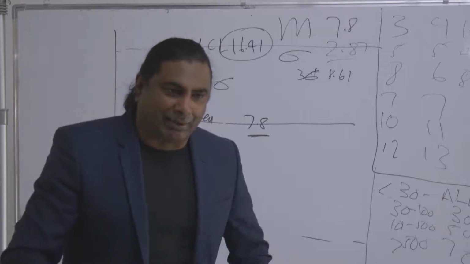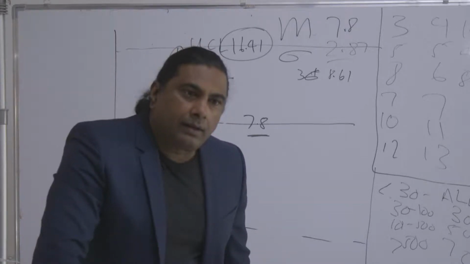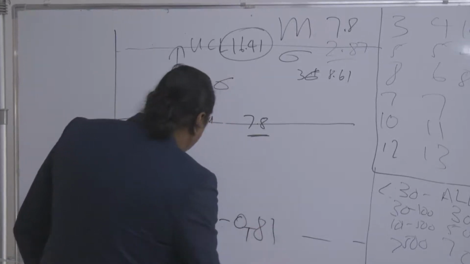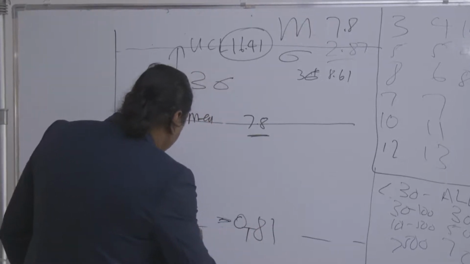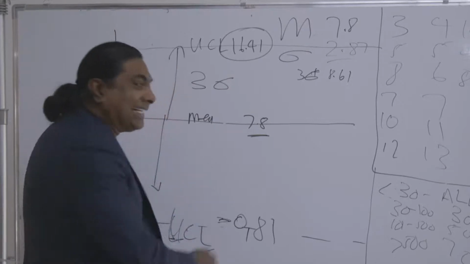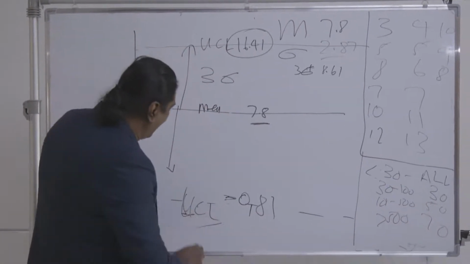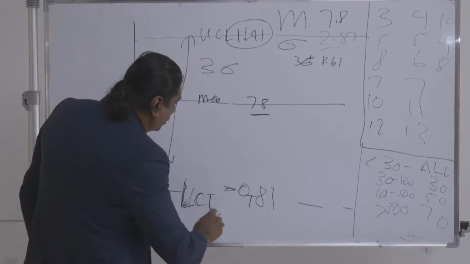You're going to get a negative number. Negative 0.81. That's the lower control limit. Now you can't get a negative wait time, so you can actually zero it, but we leave it here. You've got a lower control limit.